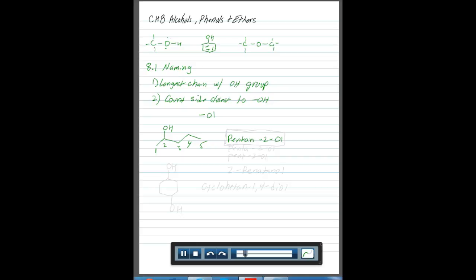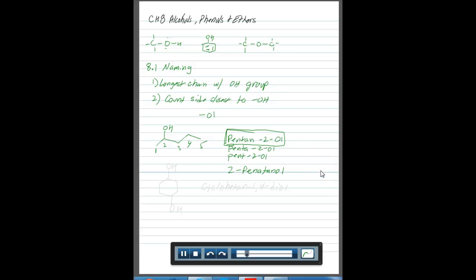You might even see the name penta-2-ol, or you might see pent-2-ol. This first one is the most correct way, because the older way of naming it was pentanol.